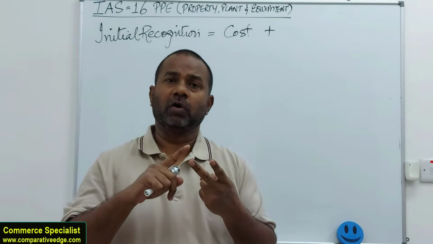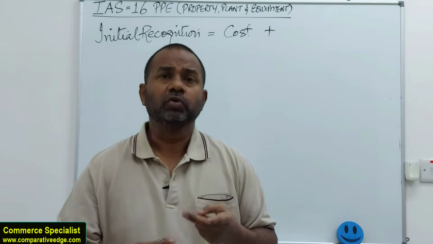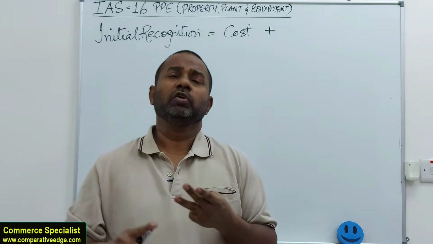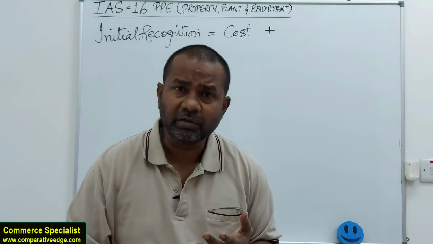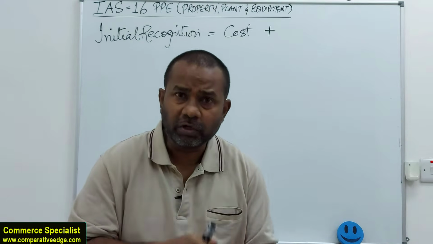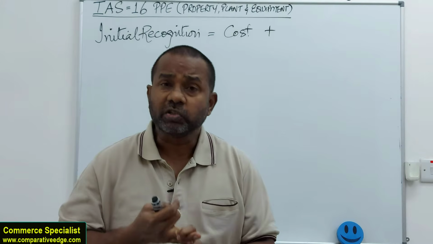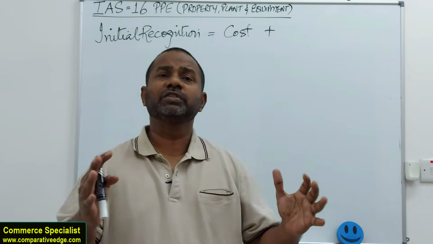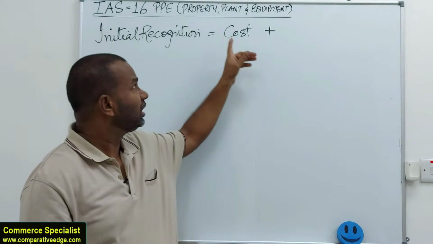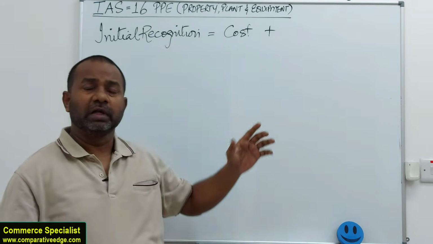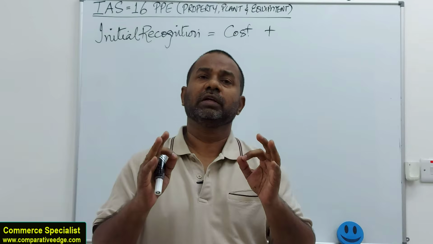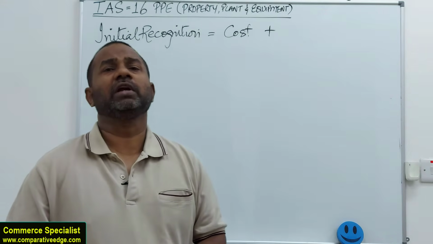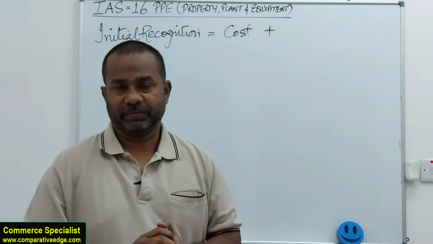You paid for transit insurance, transportation, carriage that is, custom duty, any other import duty, registration charges, any legal expenses. All this would be added to the cost of the asset. This is what is meant by initial recognition. All non-current assets to be recorded at their cost.